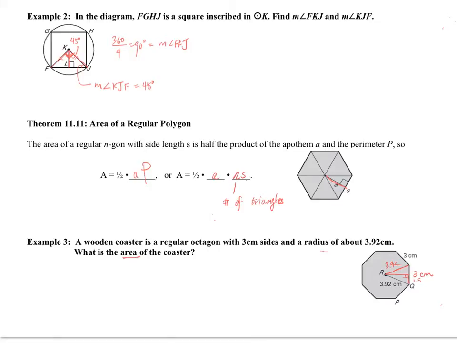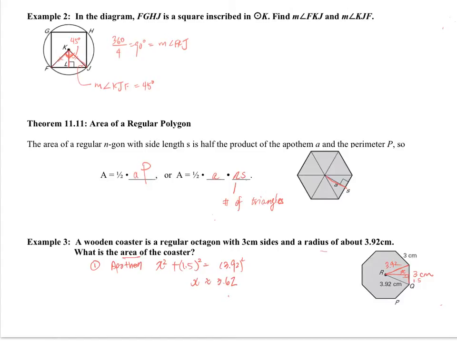So, to find the length of the apothem, we can use the Pythagorean theorem. So I'm going to let this be x, and then plus 1.5 squared, which equals 3.92 squared, and then x should be about 3.62.